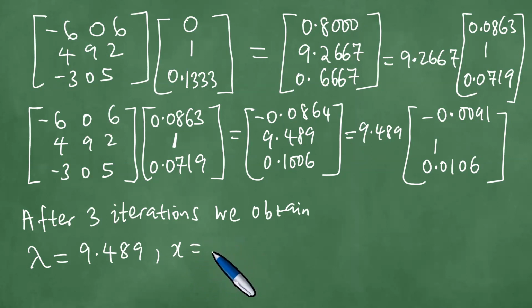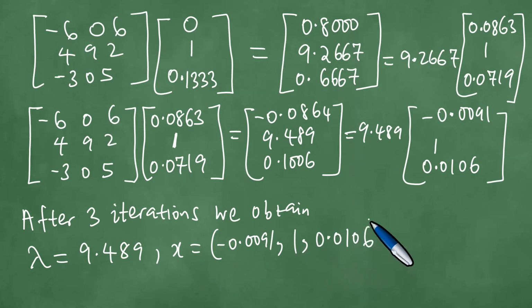And you obtain x, the vector, minus 0.0091, 1, 0.0106. Okay, so we have that.